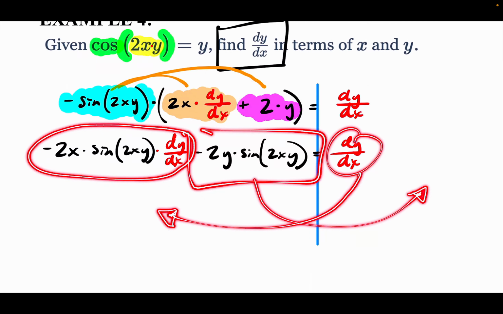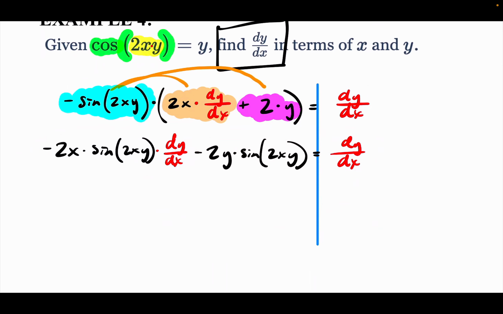It seems like one step will do it. So I'm going to add 2x times sine of 2xy dy dx over here, because I don't want to break it up yet. All I'm doing is just getting the dy dx's on the same side, or y primes if you use y prime.